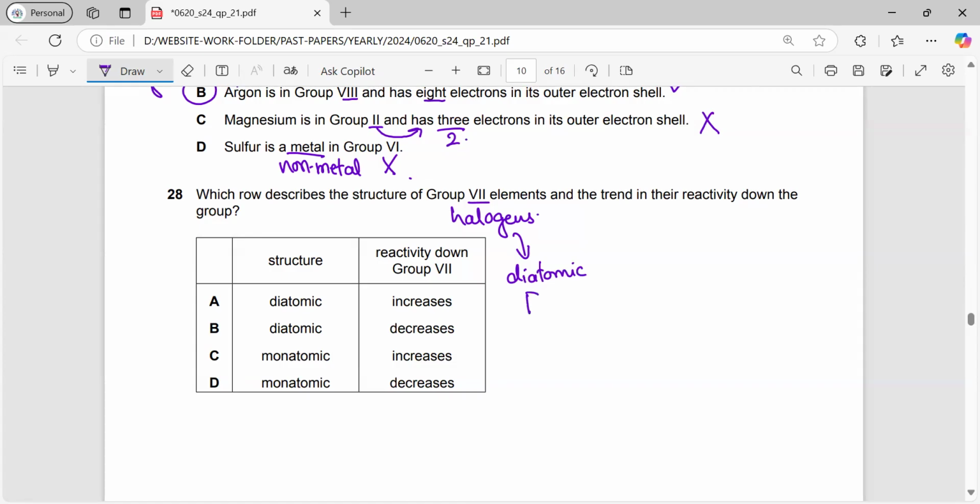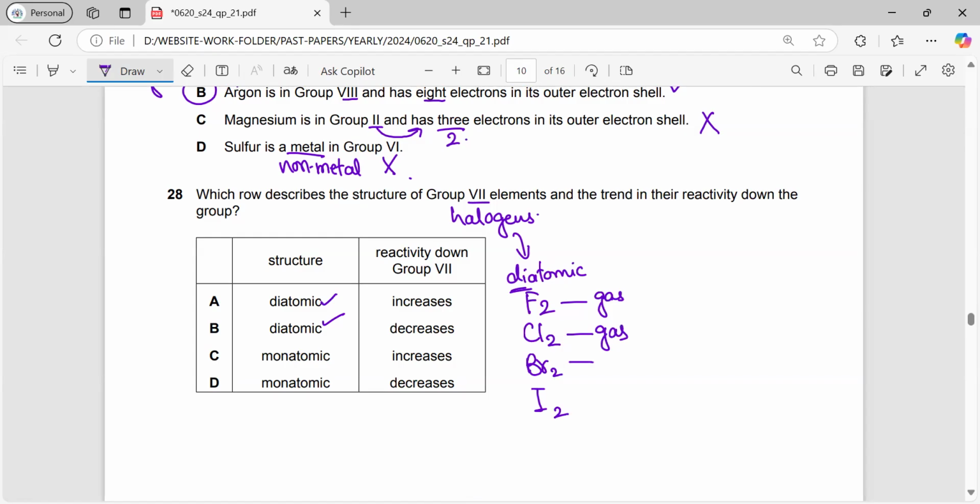So they are F2, Cl2, Br2, and I2. They exist as diatomic. So the option will be option A or B. Either one will be correct.